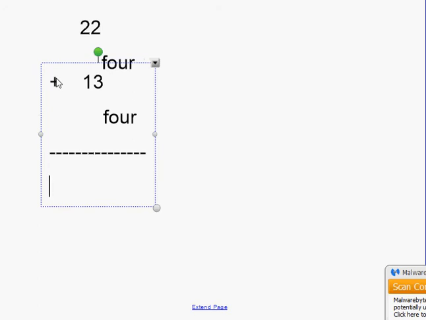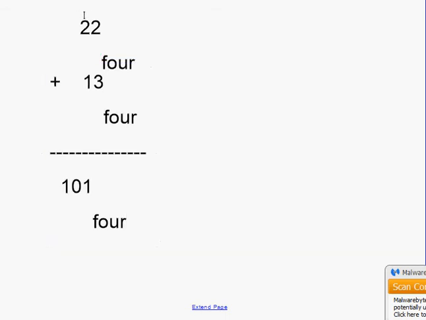So this would be doing the problem in base 10, where the problem on the right is keeping it in base 4, because 1 0 1 base 4 is the same as 17 in base 10.